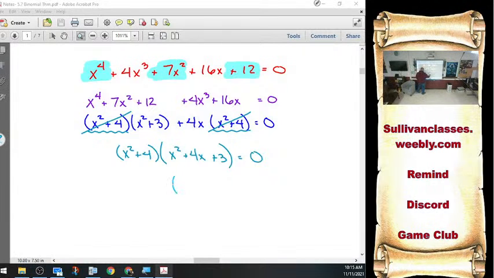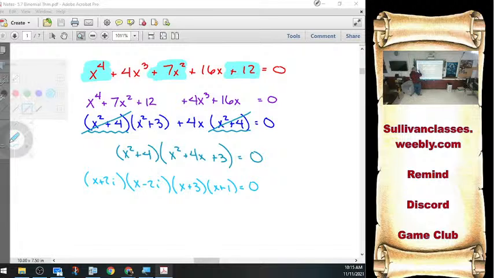This one factors as a normal quadratic, x plus 3, x plus 1. I hope we're recognizing it by now. If that said x squared minus 4, I would say plus or minus 2. But because it's x squared plus 4, it just means there's i's in there. Set them all equal to 0. X is plus or minus 2i, negative 3, negative 1.